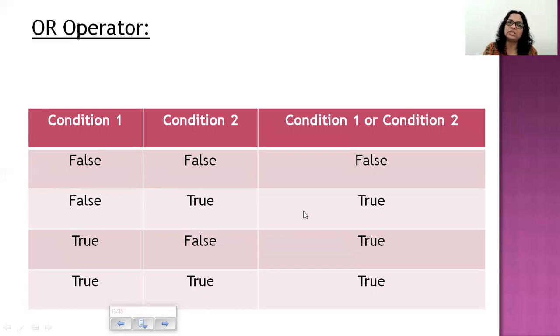And if both the conditions are satisfied, then very good, it is still true. So or gives you a false only when both are false, and gives you a true otherwise. As long as the conditions you write evaluate to true according to these criteria, those records will get displayed.